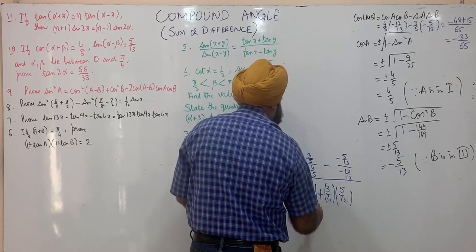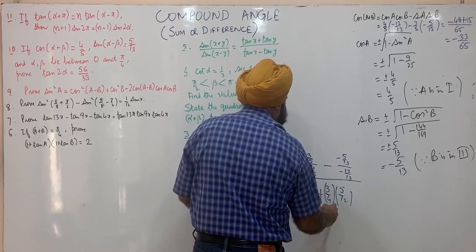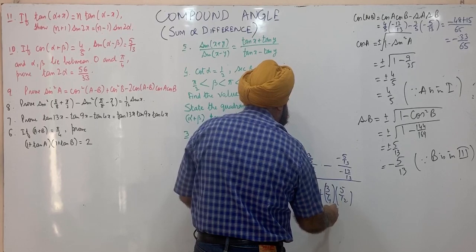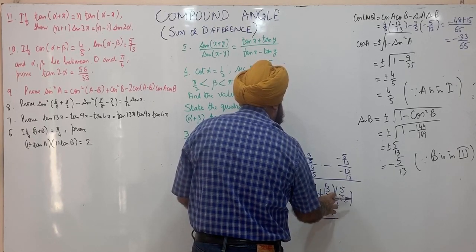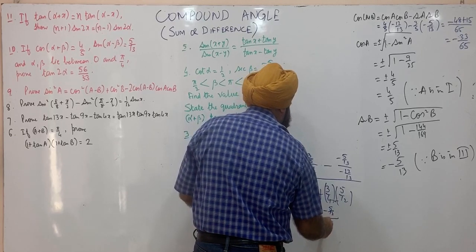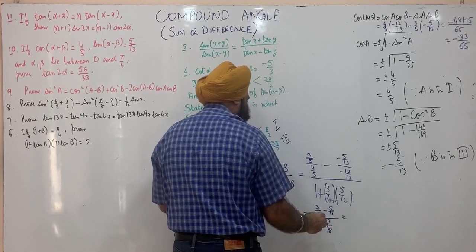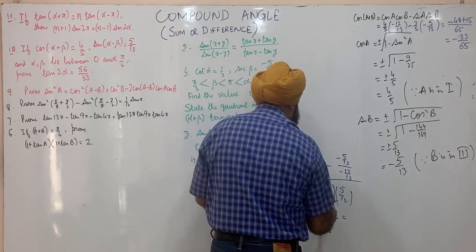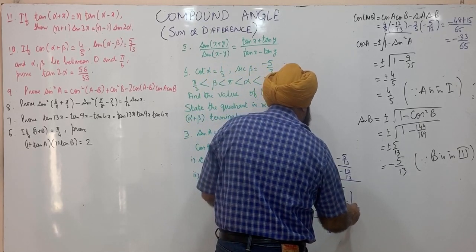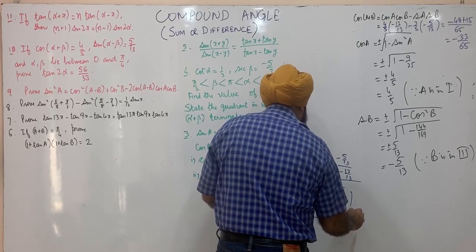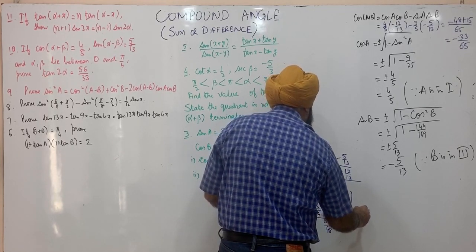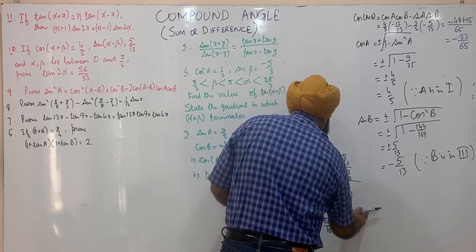So we simplify, this is 3 by 4 minus 5 by 12 and this is 48 plus 15 upon 48. Let me simplify.